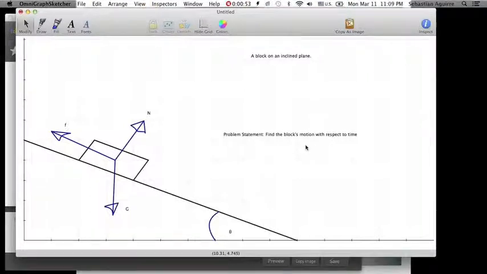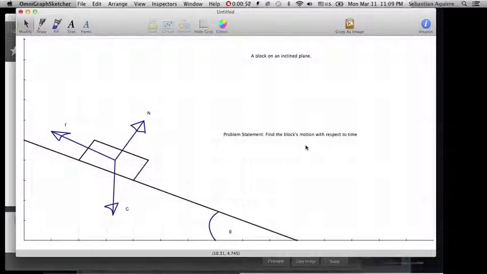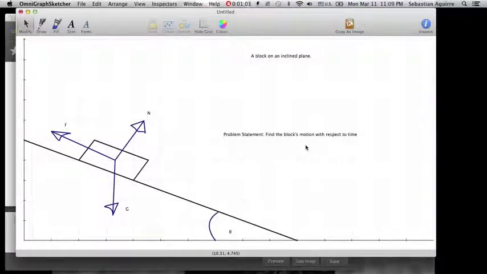I usually recommend to choose a reference frame and make one axis the varying axis.